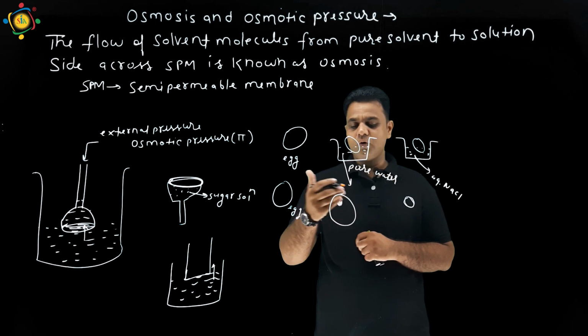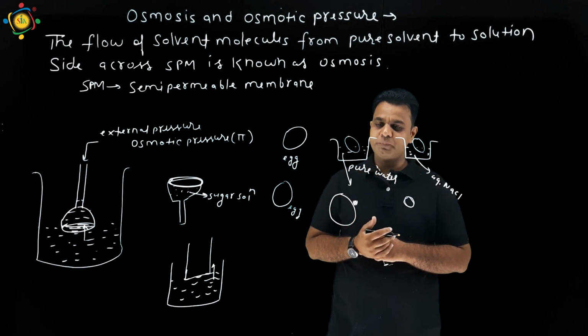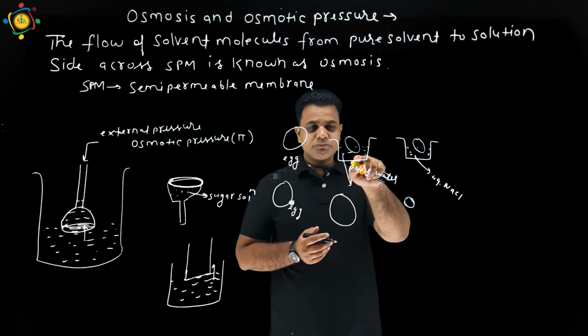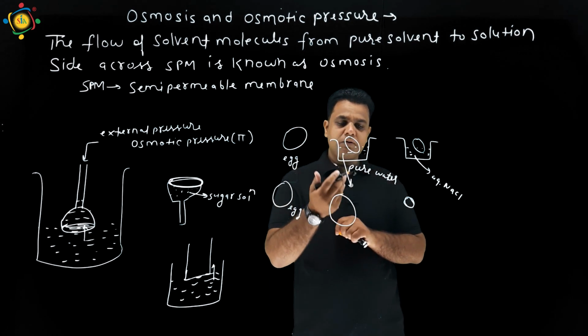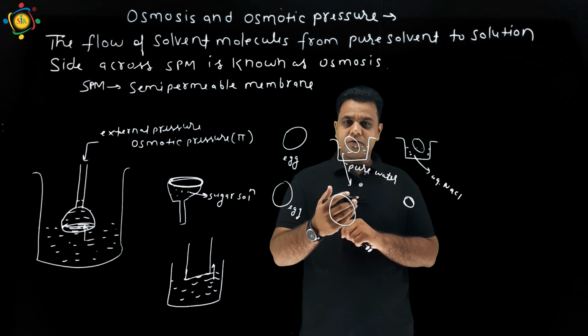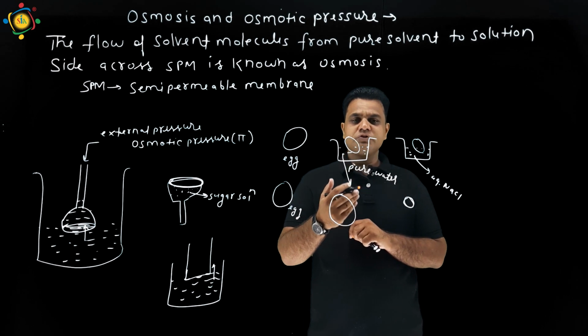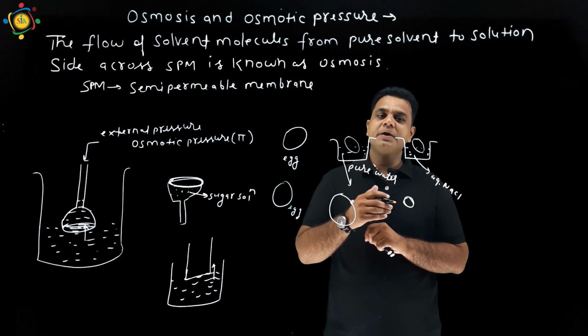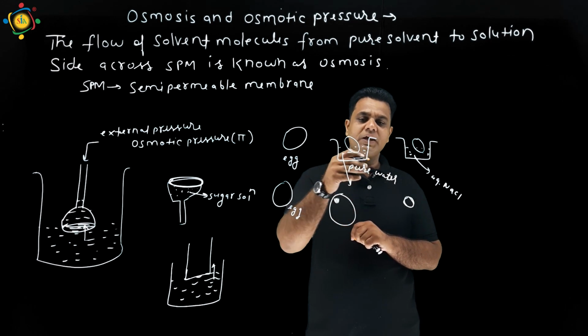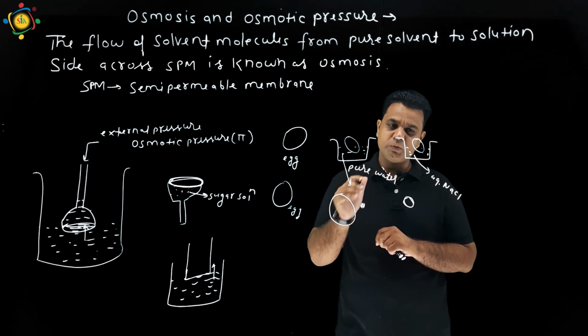So students, this also takes place due to the osmosis process, because when the egg is placed in pure water, the flow of water molecules takes place across the egg's membrane from out to in. That's why the egg swells up.